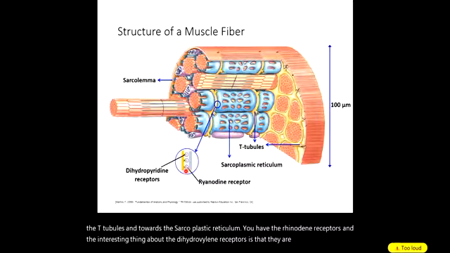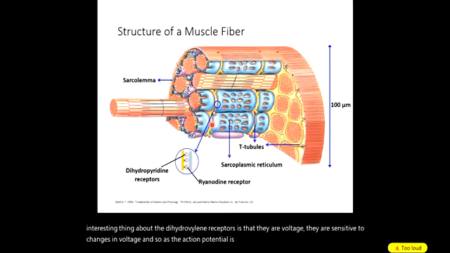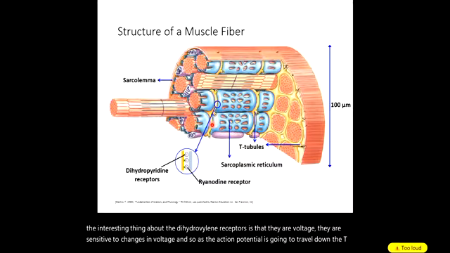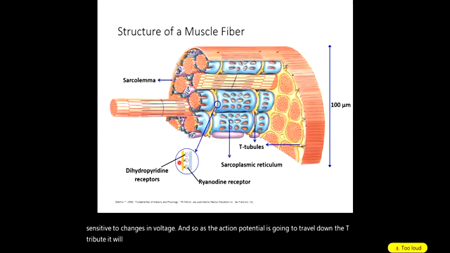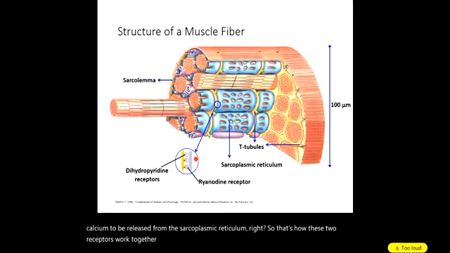They are sensitive to changes in voltage, and so as the action potential is going to travel down the T-tubule, it will activate the dihydropyridine receptors, and the dihydropyridine receptors will then interact with the ryanodine receptors to cause calcium to be released from the sarcoplasmic reticulum, right? So that's how these two receptors work together to regulate calcium release from the sarcoplasmic reticulum when an action potential travels down the T-tubule.